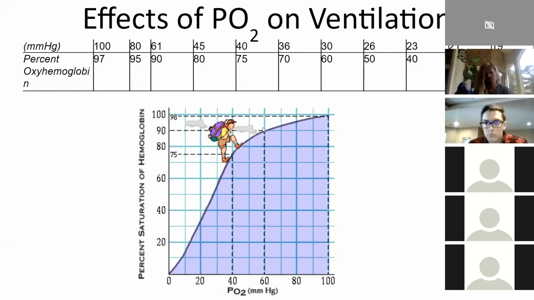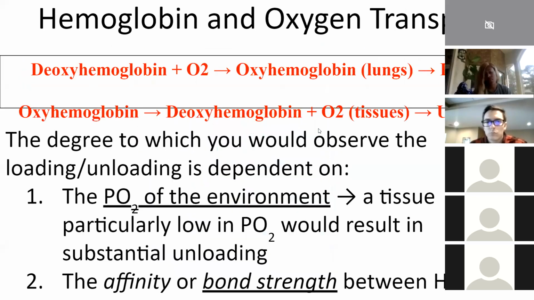You only have a 10% drop in oxygen availability, even though there's been a 40% drop in oxygen concentration. So throughout evolution, the idea is that it doesn't make sense to rely on oxygen concentration as a very good measure. Okay, so that's one big take-home point.